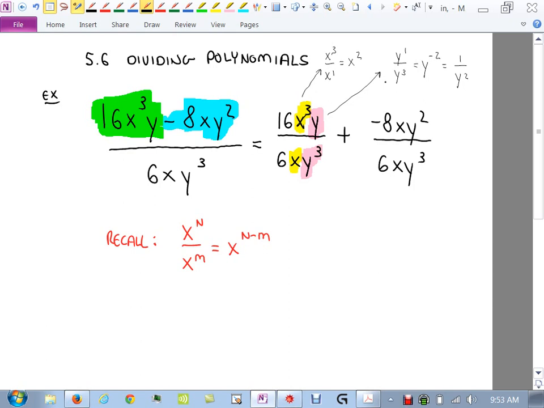Now we still have to take care of the 16 and the 6 here. Just reduce it. What number goes into both 16 and 6? 2 goes into both of them, right? 2 goes into 16 how many times? 8. 2 goes into 6? 3 times. So that should turn to 8 on top and 3 on bottom. Okay, let me continue my answer over here. I'm going to separate this. That's here.